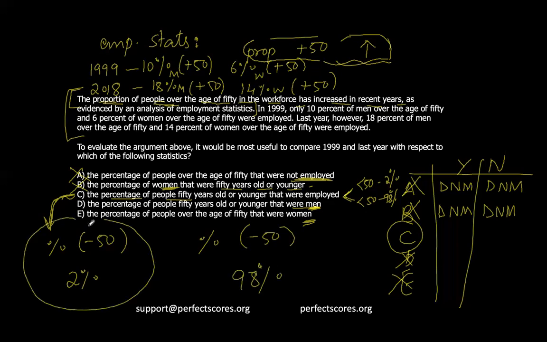Now if this is the case and you know that we were comparing 1999 and last year with respect to which of the following statistics? Percentage of people 50 years old. Okay, what if this statistic changes? Would that strengthen the argument?